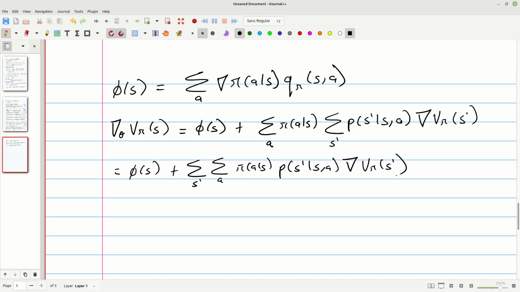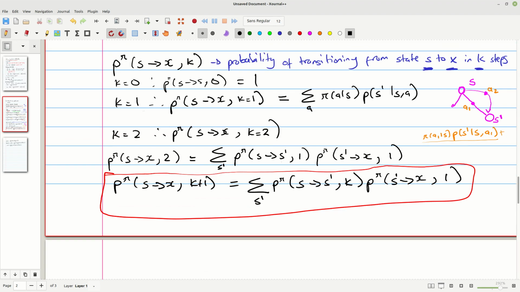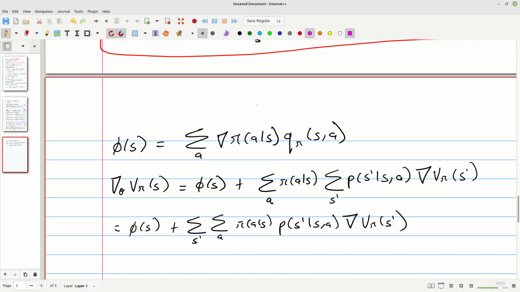But we see something interesting here. If you remember, we have this result over here. I should highlight this in pink. This result says the summation over all actions of these probabilities is essentially this term, the probability of transitioning from s to x in one step. We have the same term here.